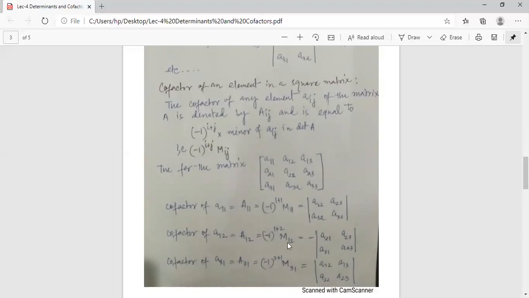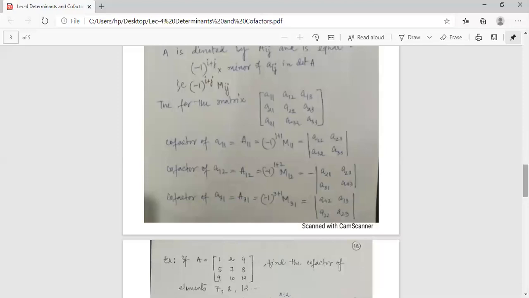The cofactor of A12 is the negative of M12, and M12 is the determinant after deleting the corresponding row and column of A12. If you exclude this row and this column, you will have the remaining submatrix A21, A23, A31, A33. Find the determinant value and you will get the cofactor A12. Similarly, you can find the cofactors A31, A32, and so on.